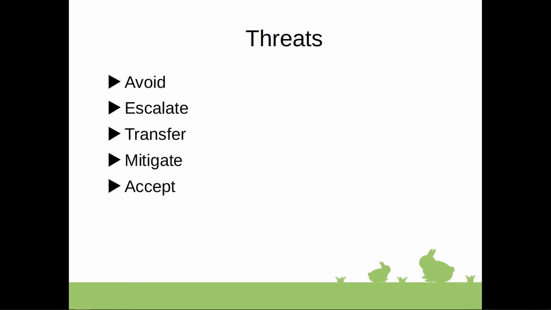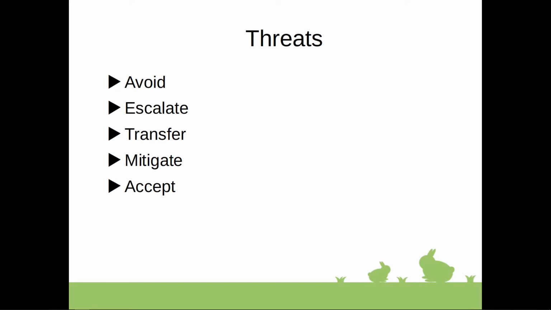Escalation is appropriate when the project team or project sponsor agrees that the threat is outside of the scope of the project, even if it's still impacting the project, and the proposed threat response would exceed the project manager's authority. So essentially, requesting assistance from higher authority beyond the project.